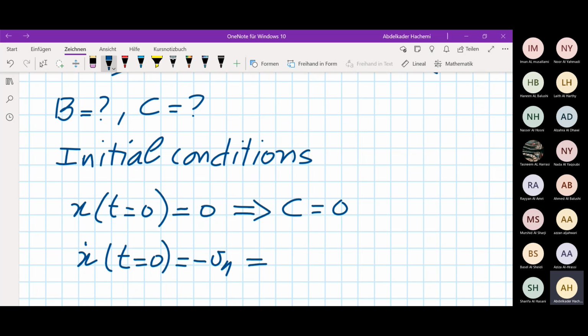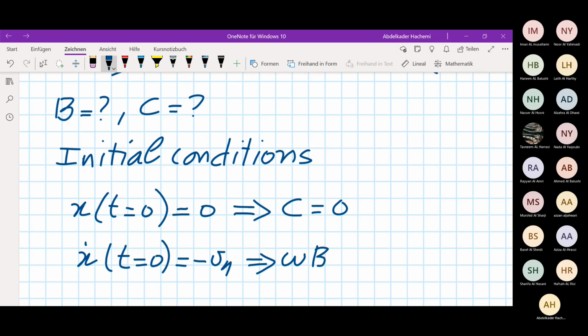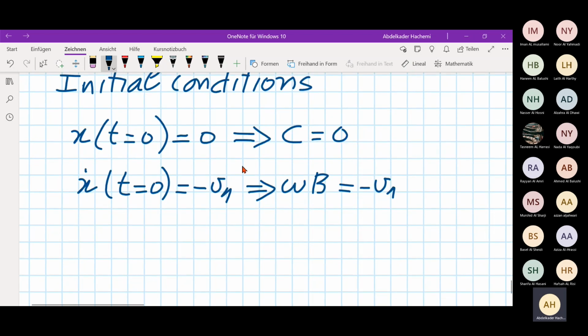Then omega multiplied by b will be equal to minus v1, so b is equal to minus v1 divided by omega.